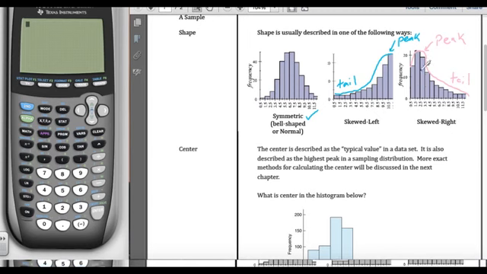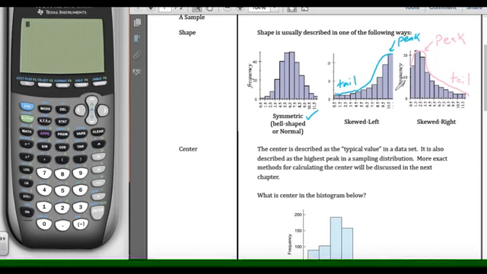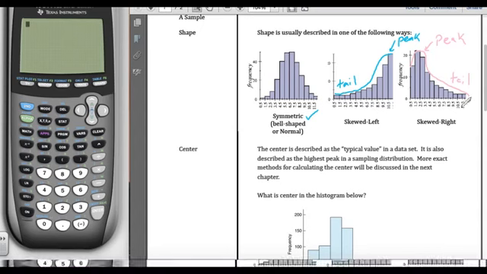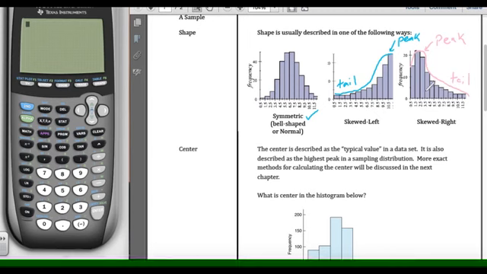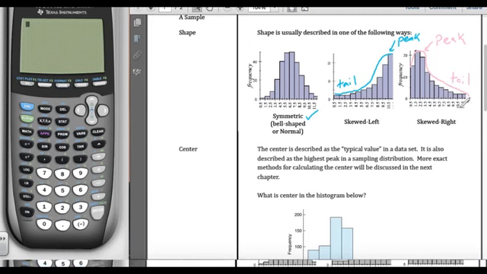It's not symmetric. It's not walking its way down evenly on the left-hand side and the right-hand side, but there are way more bars to the right-hand side. It is skewed to the right. And this would be true for a dot plot as well. If you have a lot more dots to the right of the peak than to the left of the peak, it would be skewed to the right.